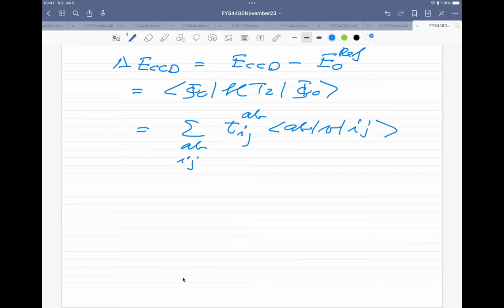So this is a very compact expression when we only have two particle, two hole excitations.